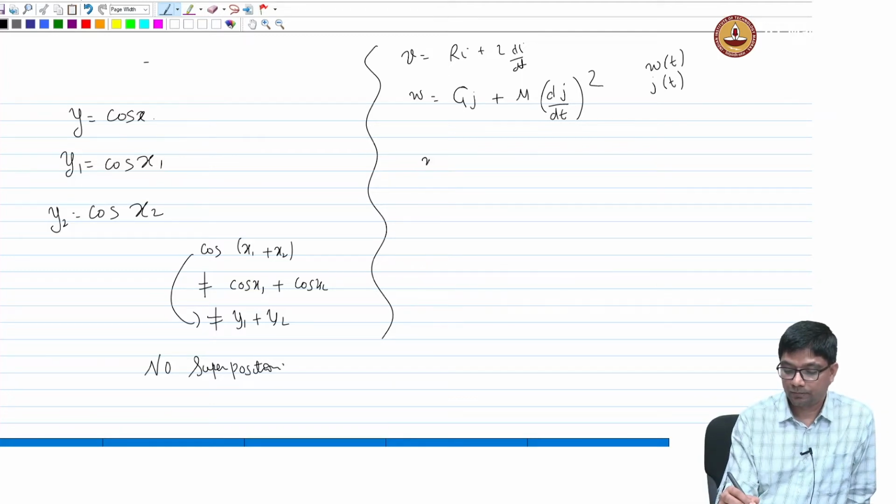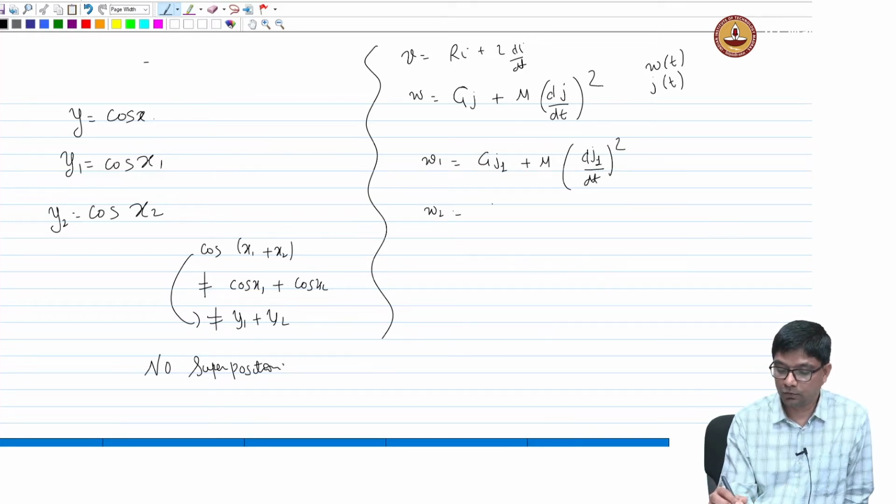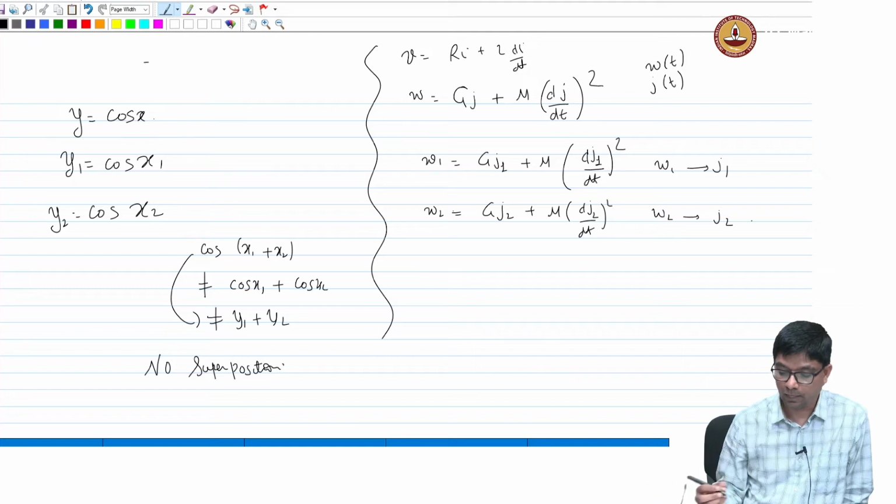Okay, so W1 is the input which gives me an output of J1, and if W2 is the input, W2 gives me J2.